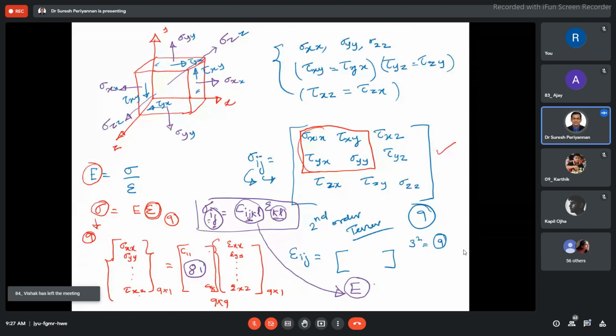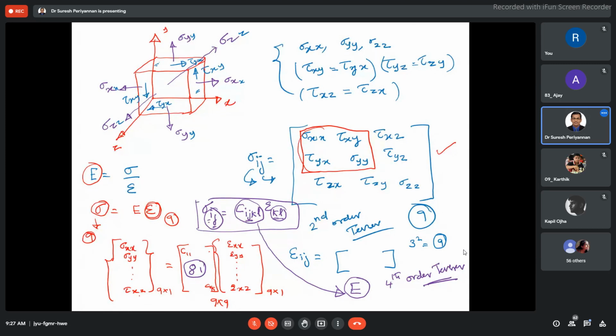This is a 4th order tensor. Have you understood now? If you have any doubt, please ask me. Yeah, guys, have you understood?